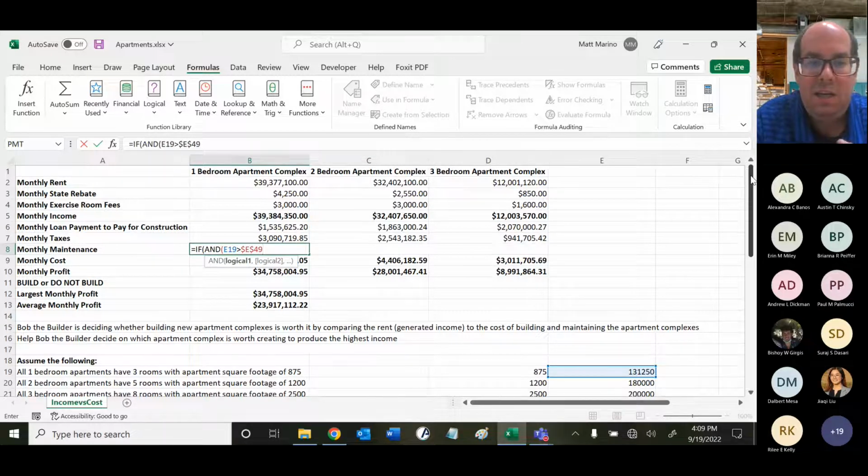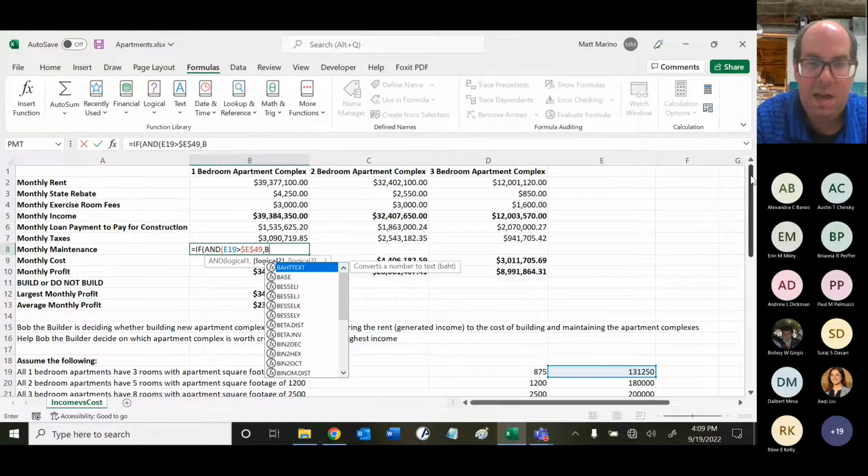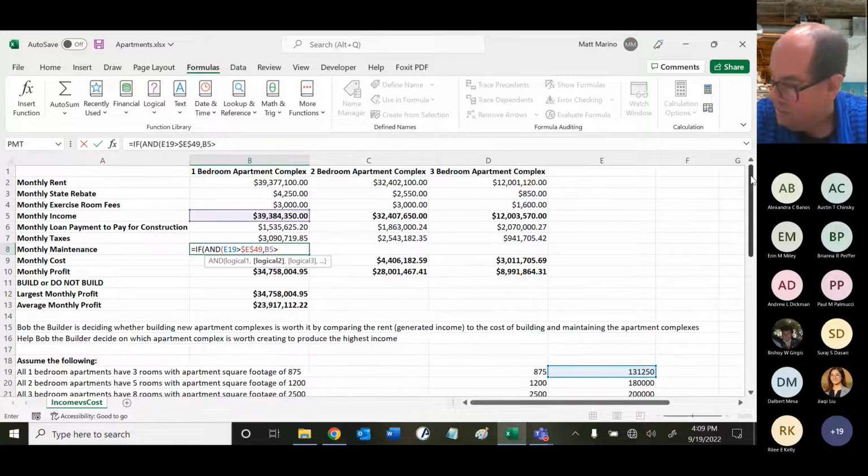So we do IF, AND, E19 greater than the absolute of E49, and B5 greater than the absolute of F49, comma, if it's true, we do E19 multiplied by the absolute of G49.